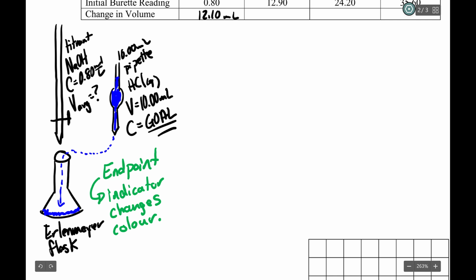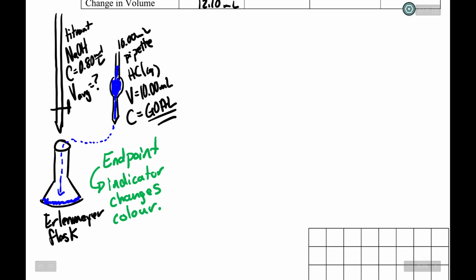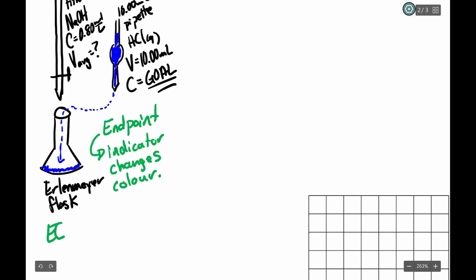Now, you want your endpoint to happen very close to your equivalence point, which is going to have a pH equal to 7. The equivalence point is mathematical. It is literally when the concentration of the two reactants is equal or very, very close to equal. The endpoint is when the indicator changes color, and you want the indicator to change color close to that equivalence point.